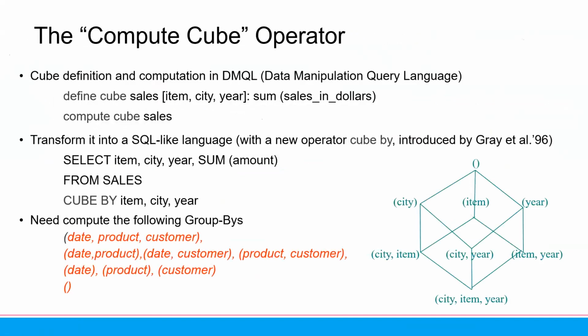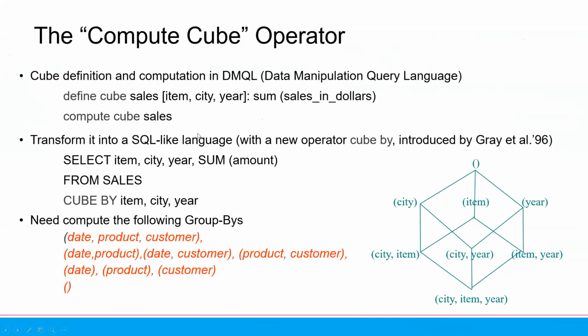If you join the database class, I guess you know some query language. We call it DMQL. We can define the cube and the computation in data manipulation query language.